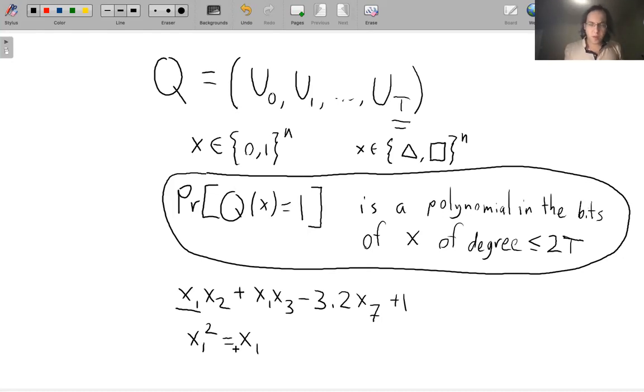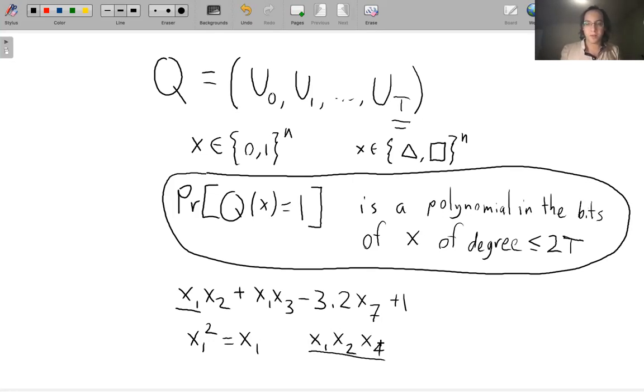So why are we even talking about the degree of a polynomial? It's true, we never want powers higher than 1, but we can multiply different variables together. So we can write a monomial like this. And this monomial is going to have degree 3. So we're going to call this degree 3, even though each individual variable is only degree 1.